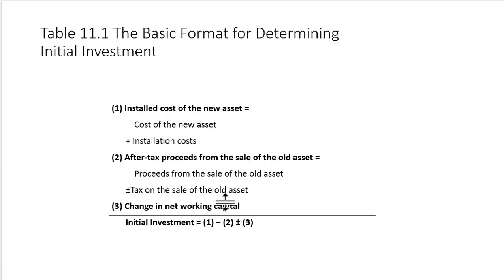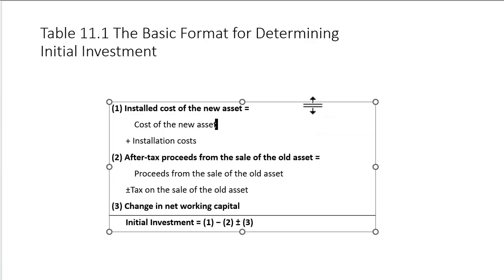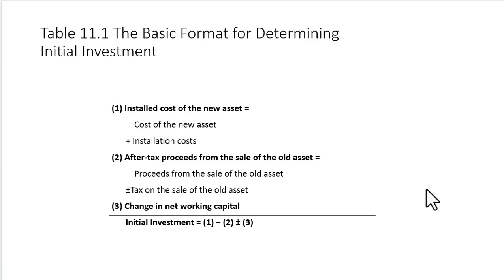So if we look at the total cash flows to think about in this initial investment, there were possibly three cash flows to consider. The first, as we've just talked about, is the installed cost of the new asset. And of course, these costs are absolutely known. We know what they are. Now, if this is a replacement project, we have to determine the cash flows of getting rid of the old asset.